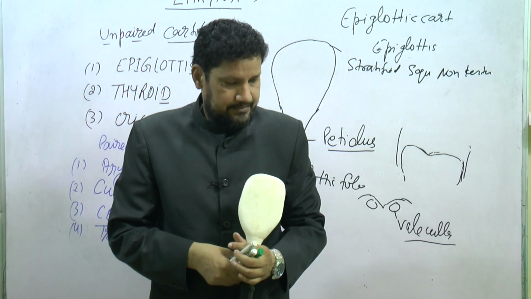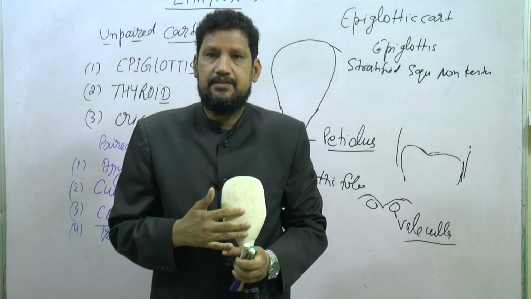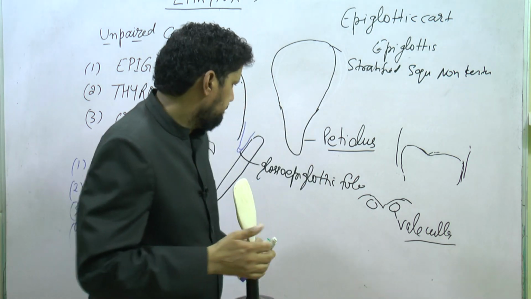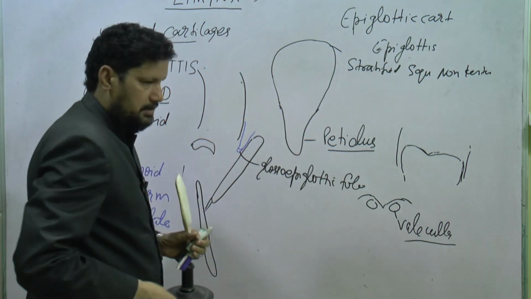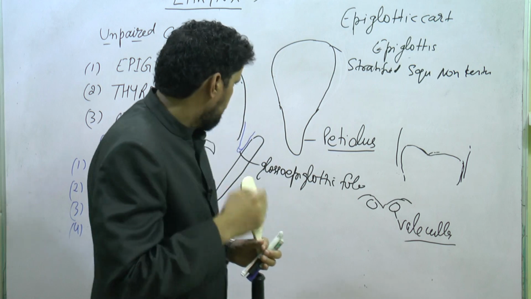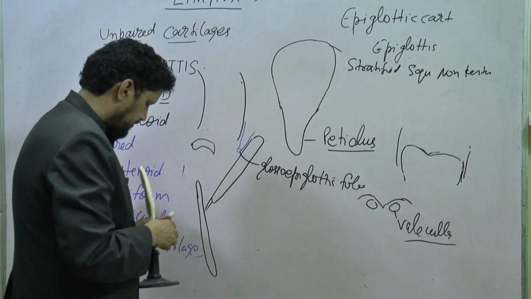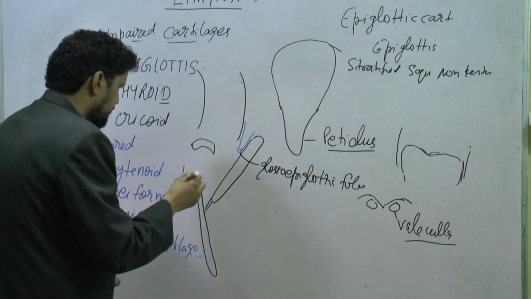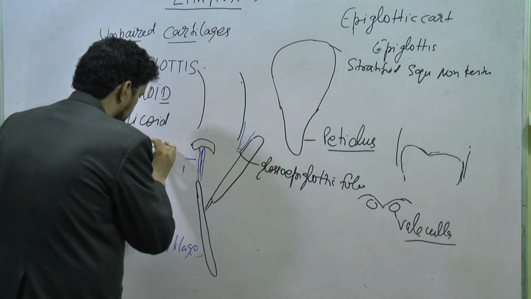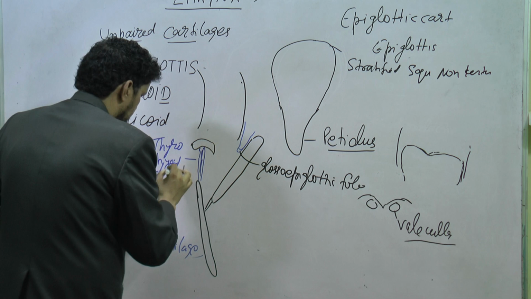The inferior part of the anterior surface is in relation to the hyoid bone and this is the hyoid bone and the thyrohyoid membrane. So inferior part or surface is in relation to the hyoid bone and thyrohyoid membrane.